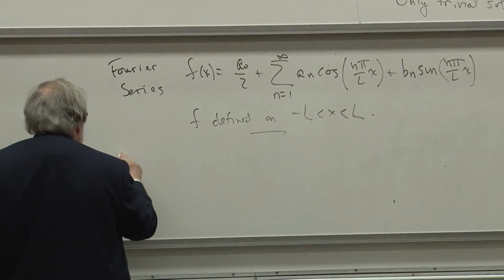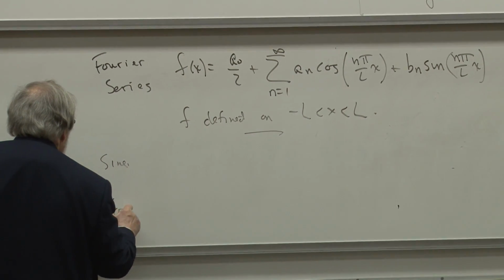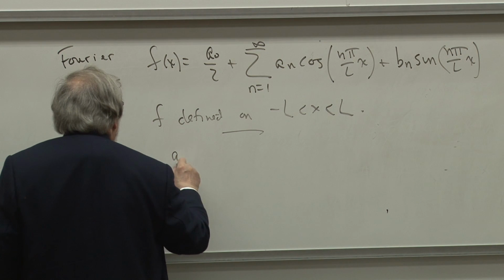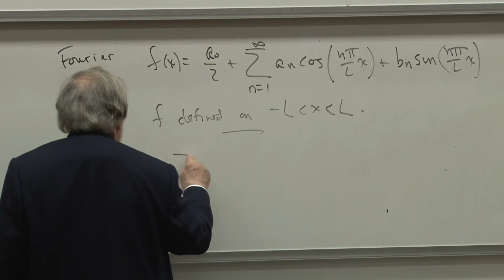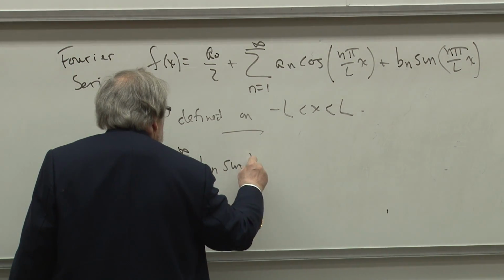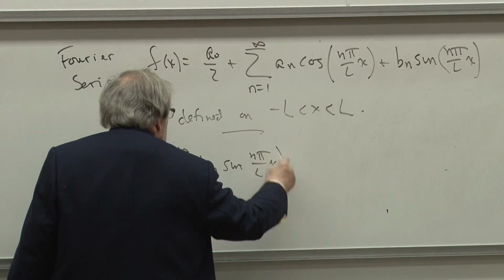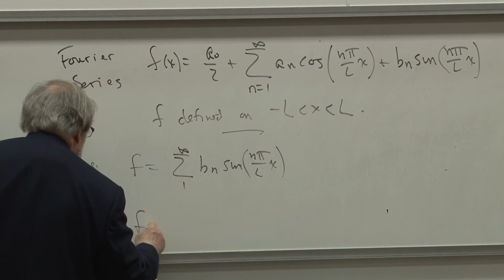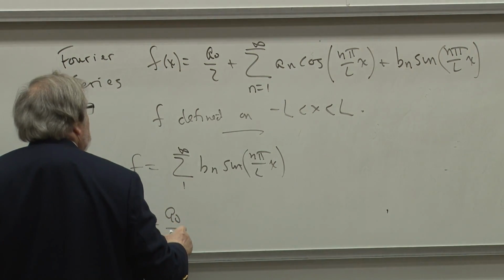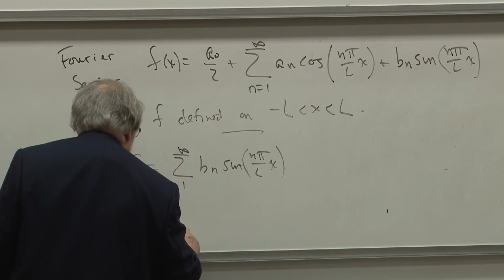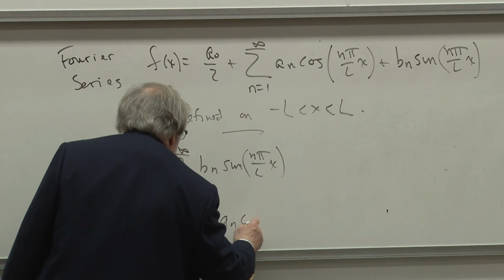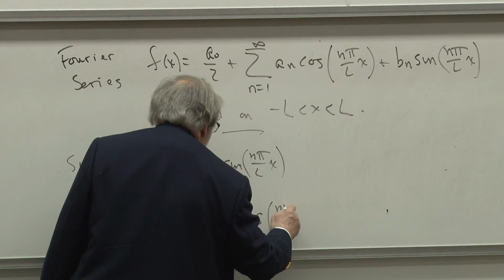The other series, the sine and cosine series, basically throw away one of the other pieces here. The sine series gets rid of the a's, and the cosine series gets rid of the b's.